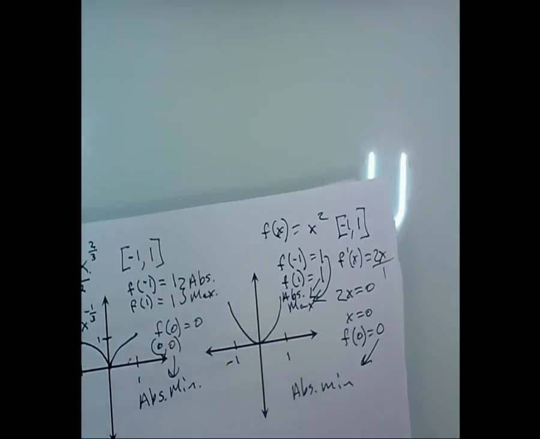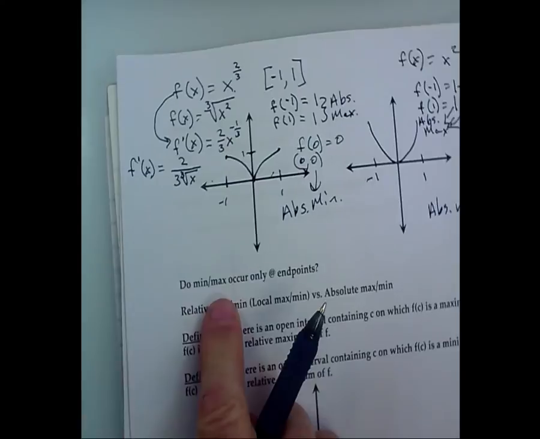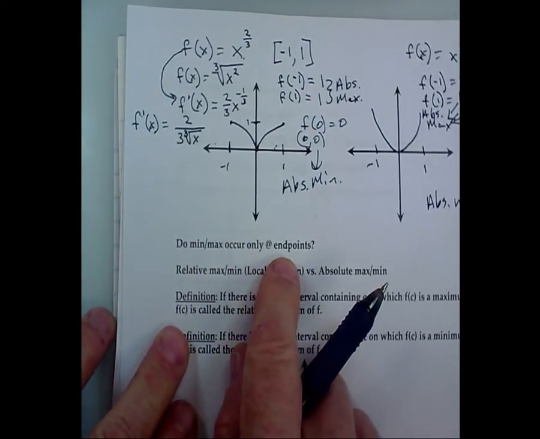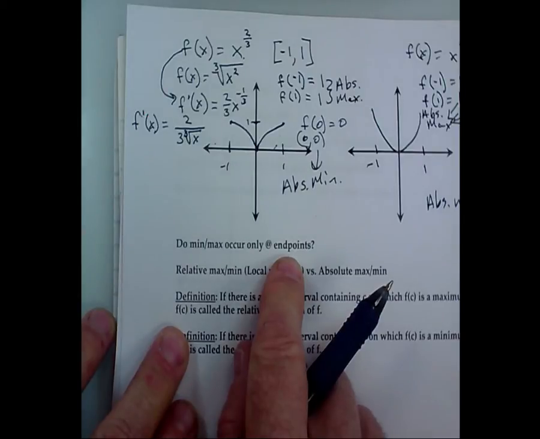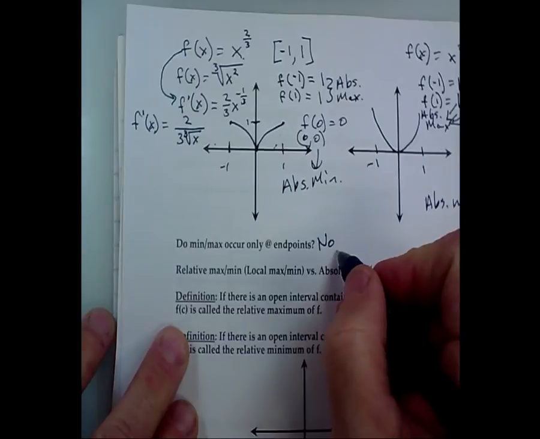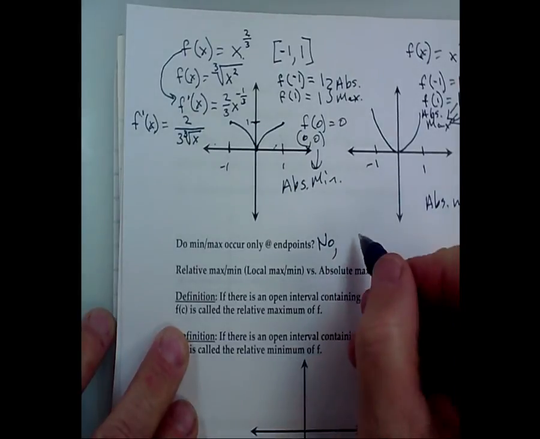All right, so let's look at these questions. Do mins and maxes occur only at endpoints? What's the answer to this? No. They can occur where?